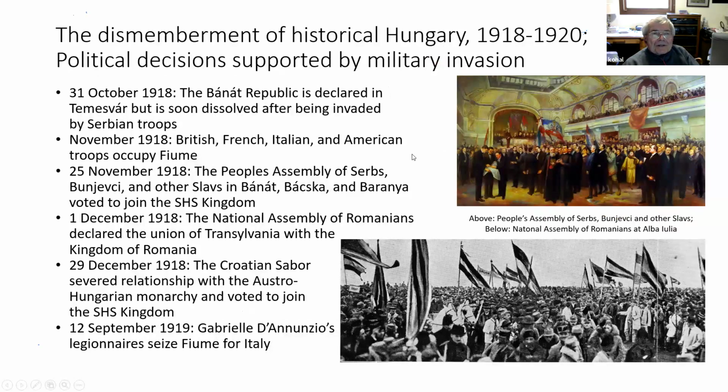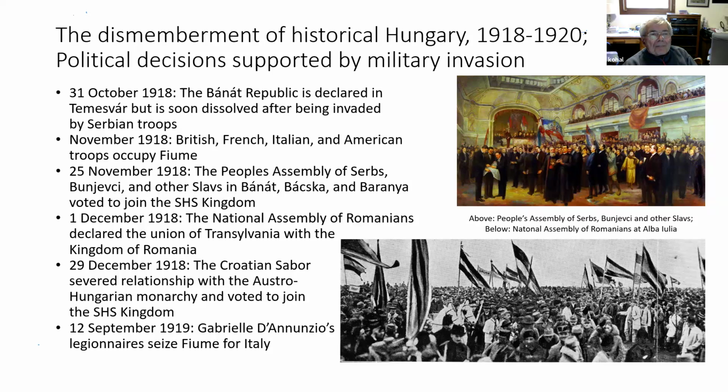Now, some of these occupations were preceded by political activity, and we go back to 1918, the end of the war. The Banat Republic was declared in the Temesvar region, but the Serbians invaded. More on that later, because the Serbians and the Romanians almost came to war with each other over the Banat.